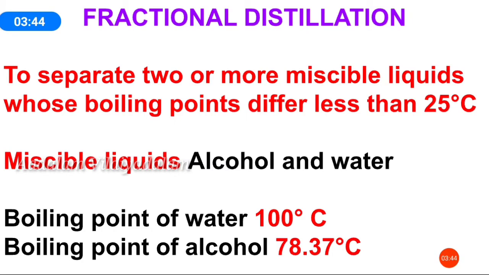For example, a mixture of alcohol and water is separated by this method according to their different boiling points. The boiling point of water is 100 degrees Celsius, whereas the boiling point of alcohol is 78.37 degrees Celsius.